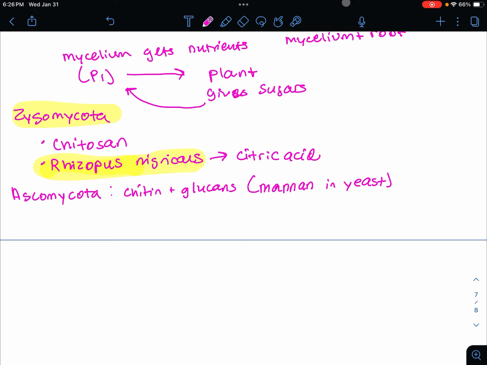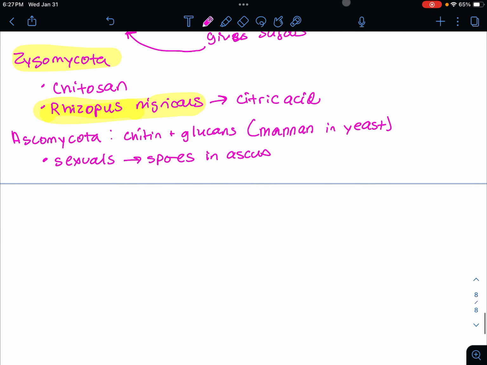Sexual reproduction leads to the formation of spores in the ascus. We have Neurospora or bread mold, or Saccharomyces, which is brewer's or baker's yeast.